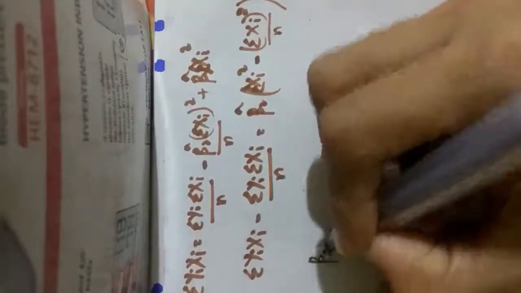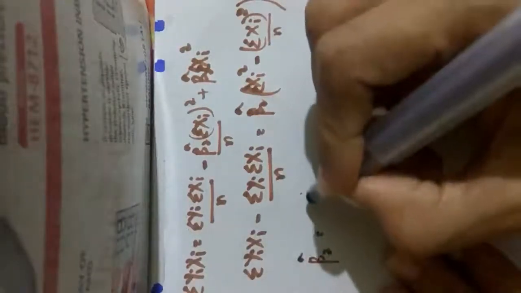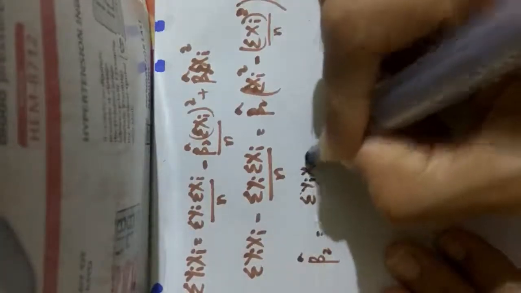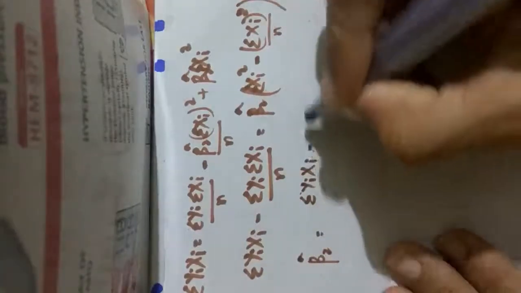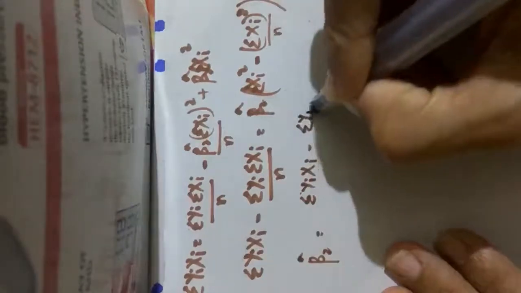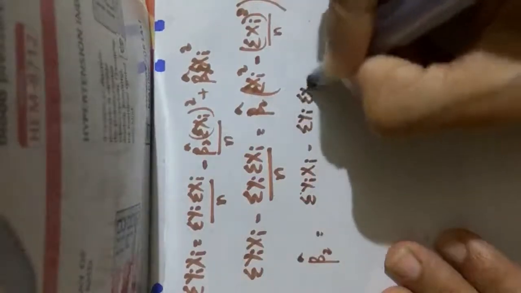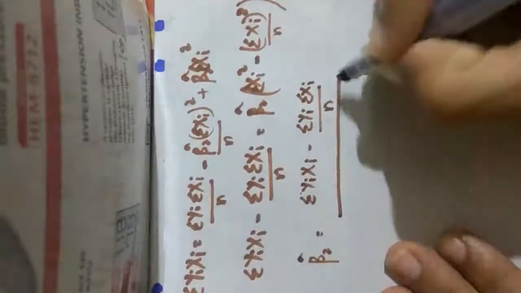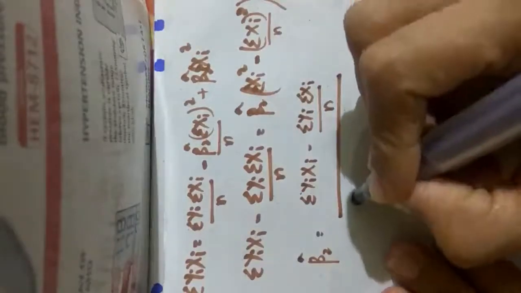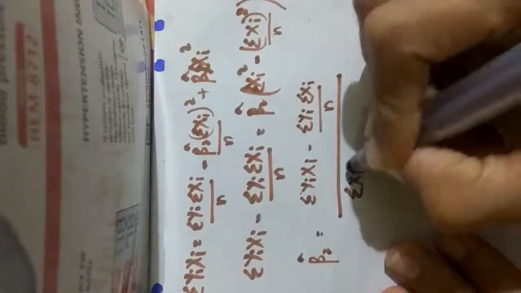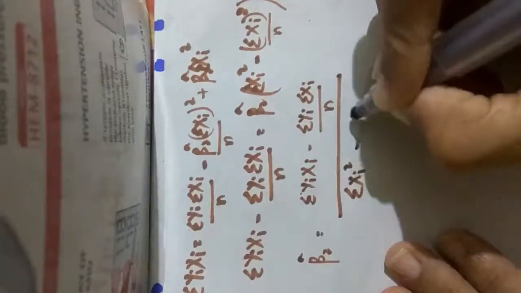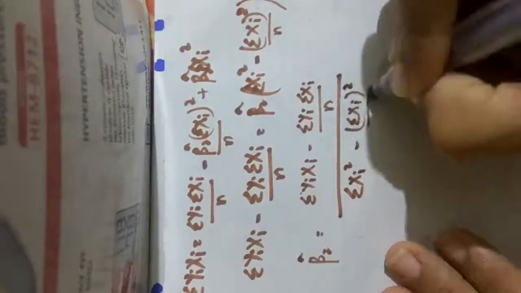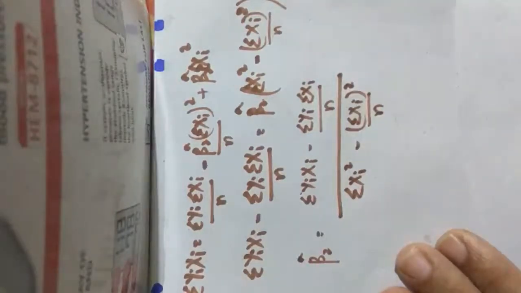So beta 2 hat can be written as summation yi xi minus summation yi into summation xi divided by n, whole divided by summation xi square minus summation xi the whole square by n.